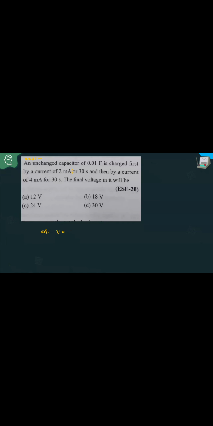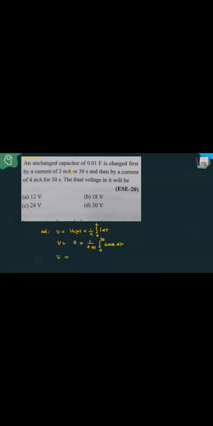Voltage across the capacitor equals Vc of 0 plus 1 by C integral 0 to t of i dt. Initial voltage across the capacitor is not given, so take 0. The capacitance is 0.01 farad. Integral 0 to 30 seconds, the current is 2 milliamp into dt.